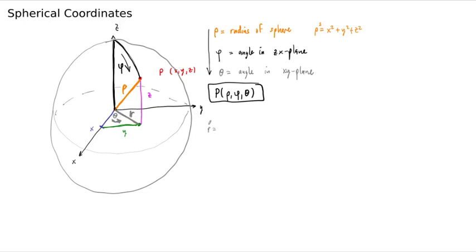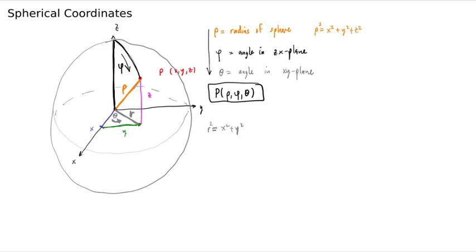So r here is the polar coordinate of the point in the xy plane that sits directly below P. So this r is just going to be the square root of x squared plus y squared. So r squared is equal to x squared plus y squared, the usual polar coordinate of the point here. Okay?